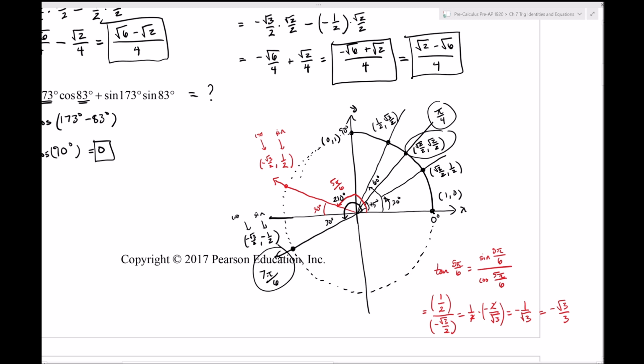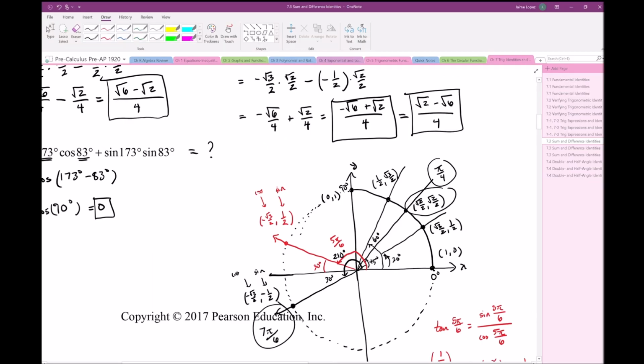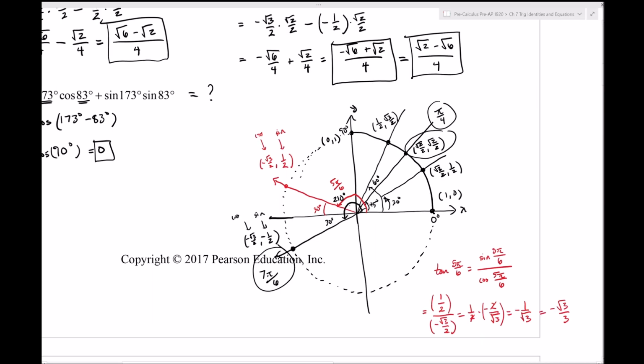120, crap. So this is already too messy. But 120, I'll do that in a different color. Let's say green. 120 is up here. So 120 degrees. And 120 degrees shares the same reference angle as 60. So that means the coordinates are the same except for the x. -1/2, positive square root of 3 over 2.